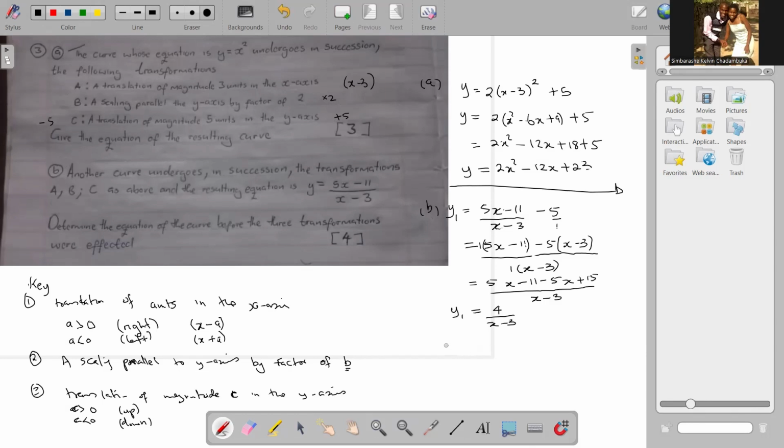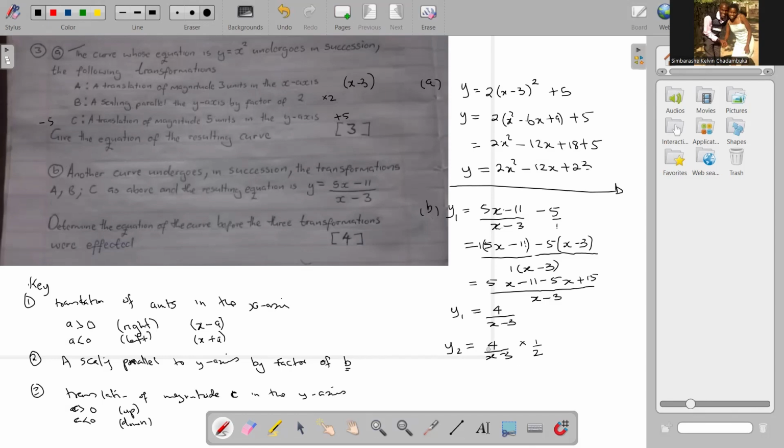So to take off that, our 4 over x minus 3 is going to be multiplied by a half. We do the reverse of here. We multiplied by 2, so to do the opposite, we divide by 2, but the division by 2 is the same as multiplying by half.